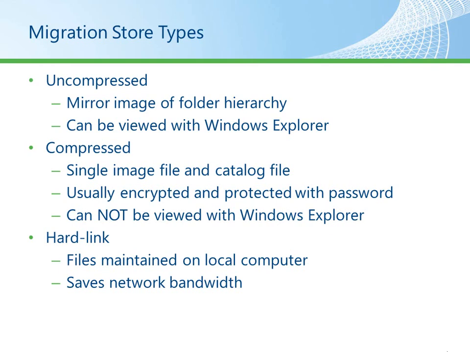And then using the hard link migration store saves a whole bunch of network bandwidth as well as minimizes the server use needed to accomplish the migration. The thing to note here is that if you don't have at least 250 megabytes of free space, it will not be able to create that hard link migration store. So you need to make sure you have that free space on the drive before you do it.